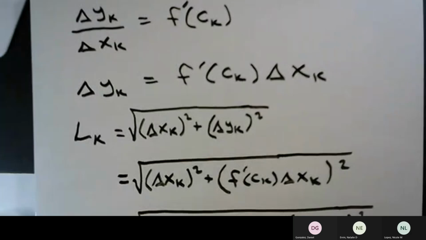And if we use the mean value theorem, replace delta yk with f prime ck delta x, we can simplify and get that same piece that we had for the length of a curve.